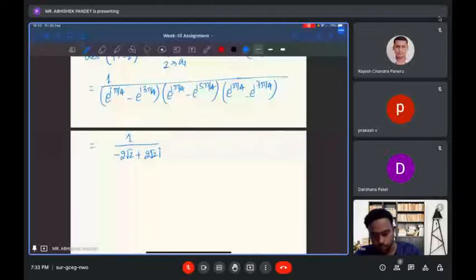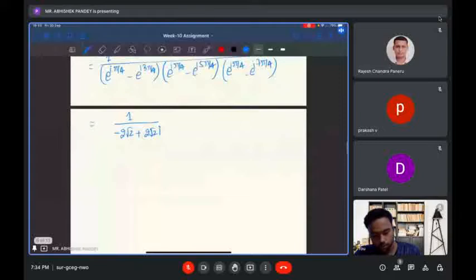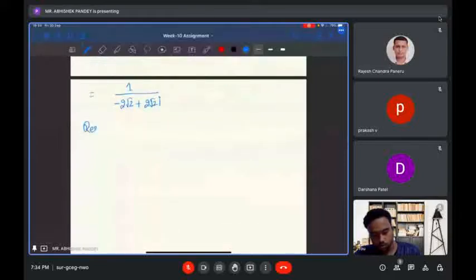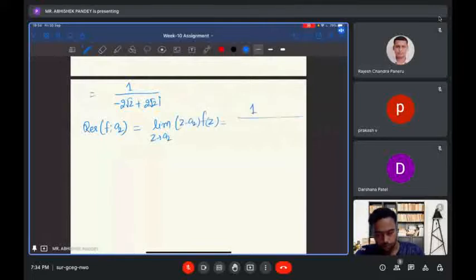And similarly, once you calculate the residue of f at a2, the same thing you have to do. So basically this will be the limit as z tends to a2 of z minus a2 into f of z, and this is nothing but 1 upon a2 minus a1, a2 minus a3, and a2 minus a4.